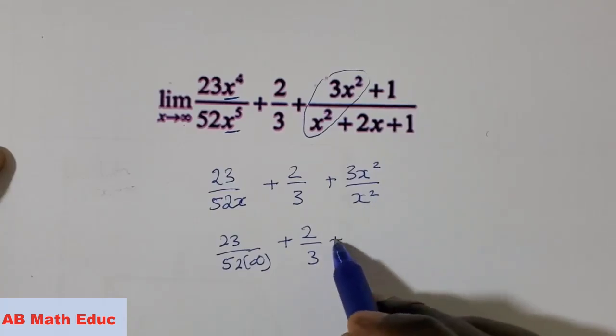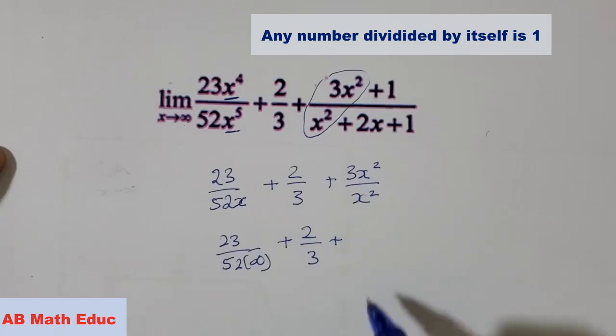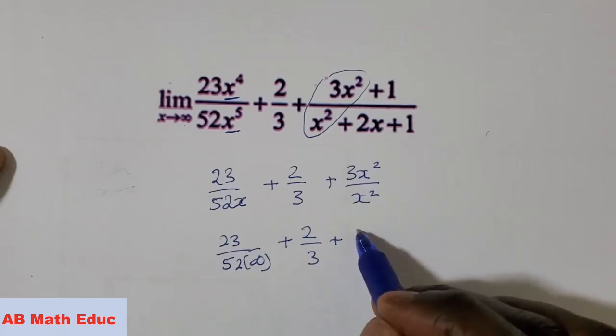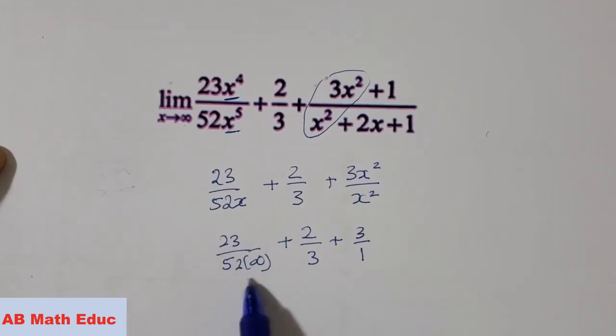And then here the variable is the same, so it's going to turn into 1. So we're going to get 3 over 1 over here. The only concern is that the denominator is becoming so big. Anytime you divide a number by a bigger number, it approaches a very small number, which is 0.